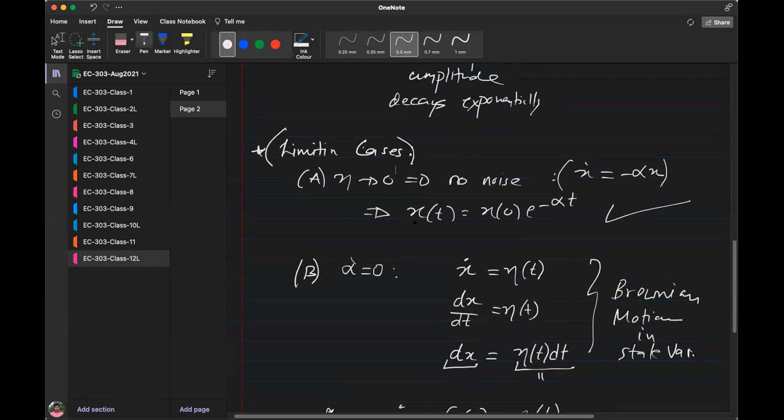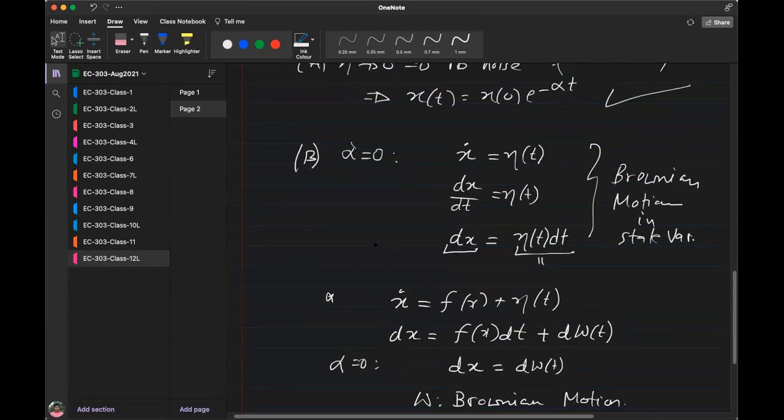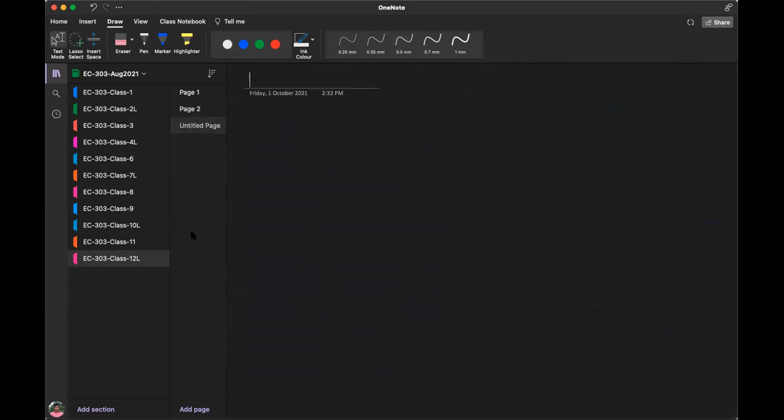Now, having done that, let's go back and calculate the quantities of our interest.